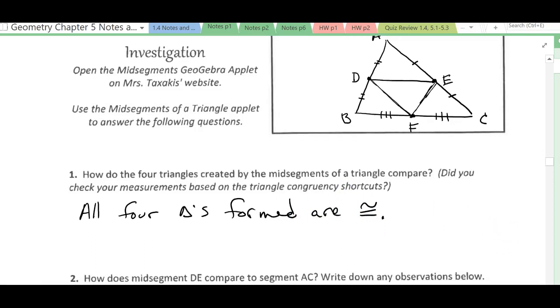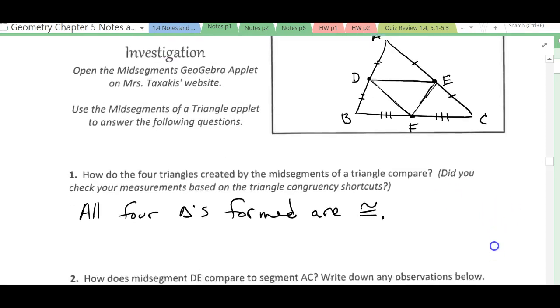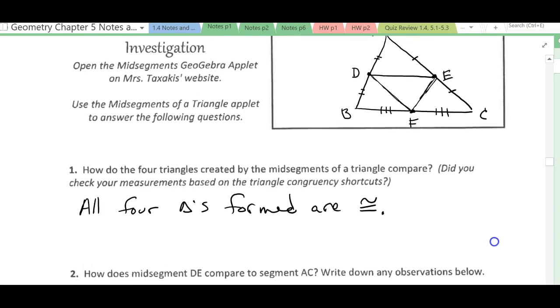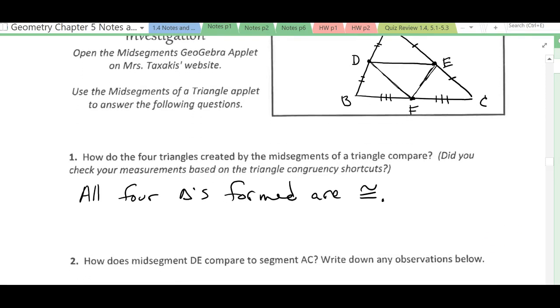And how does midsegment DE compare to segment AC? So our picture is a little bit different here. So we're going to change this to: how does midsegment DE compare to segment BC?